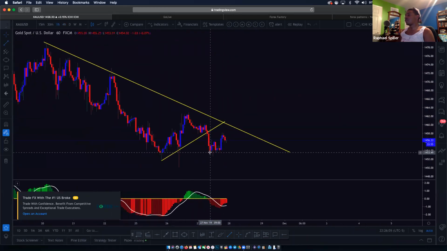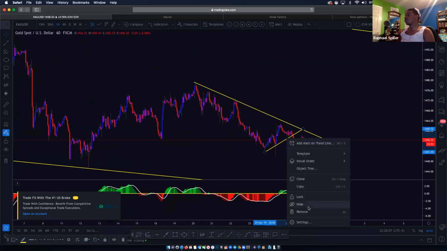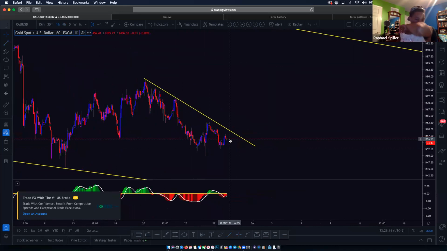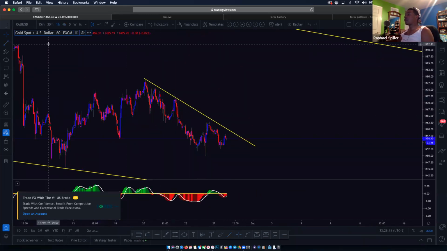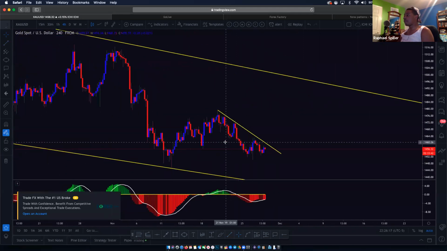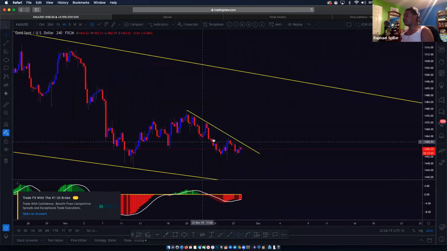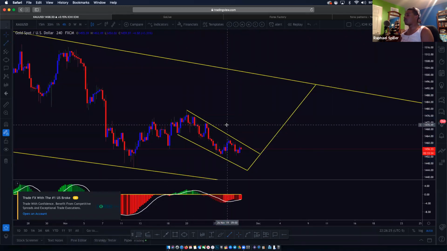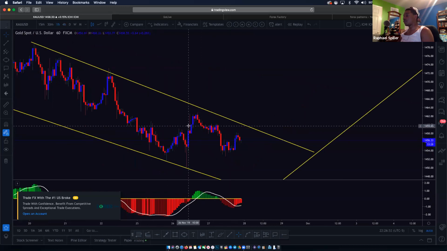So, to be honest, I would wait for this pair to actually give us a direction before we enter anywhere. To me, it looks like it might go up because it's not showing me any form of strong bearish momentum to the downside. That's what I see.